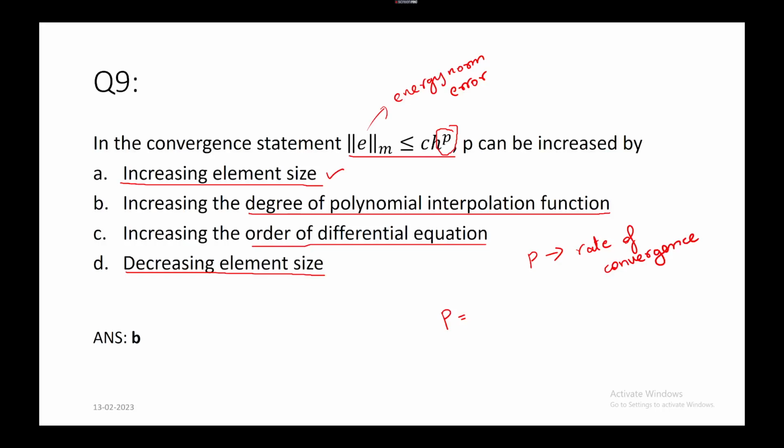Okay, so I'll write the expression: p is equal to k plus 1 minus m. Are you able to remember what this expression means? Can you guess what k is and what m is?